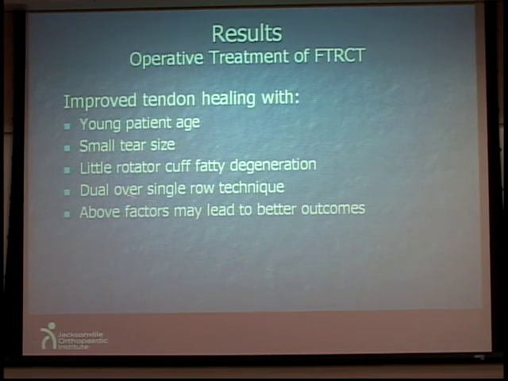There are some techniques that can be used by the surgeon, such as using a dual row or a single row technique, which I won't get into, but this appears to improve tendon healing, and the above factors may lead to better outcomes. It has not been shown yet that a better tendon healing leads to a better outcome, but it does seem a rational consideration.